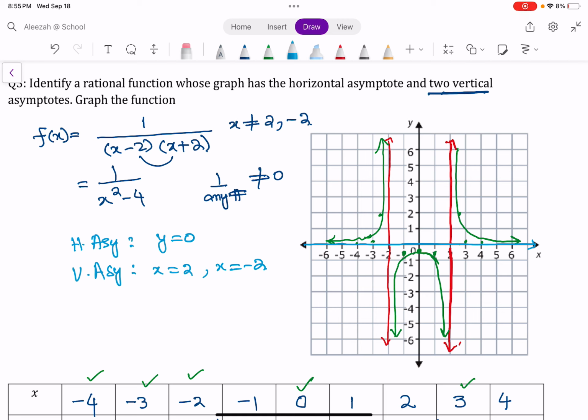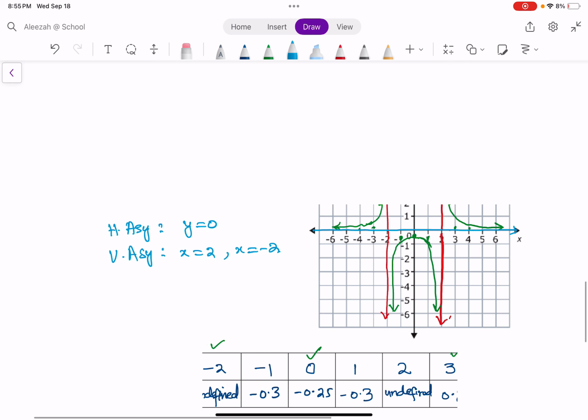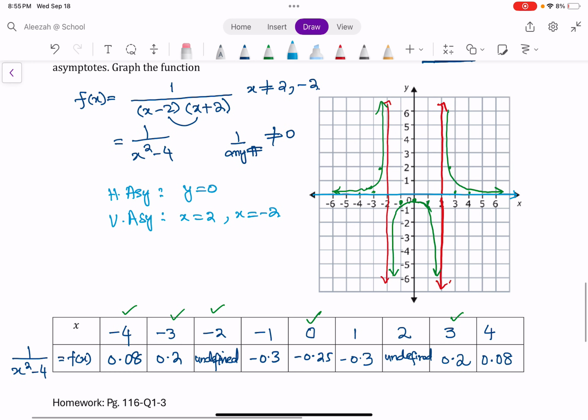So whenever you have two vertical asymptotes, the graph is quite different compared to the first and second questions we did, where we had only one vertical asymptote. And that's it for this lesson. Thank you so much.